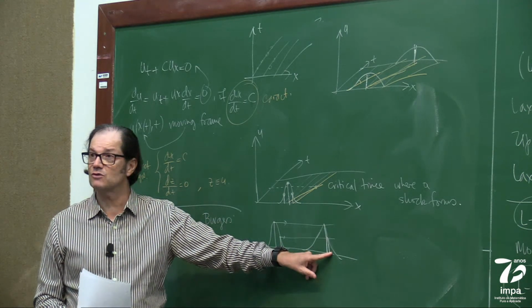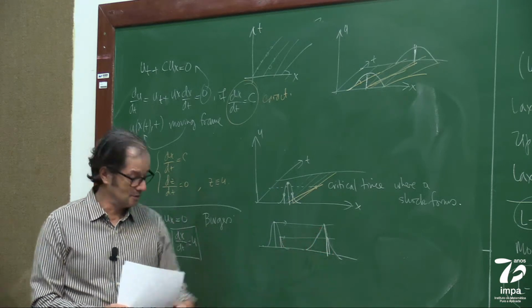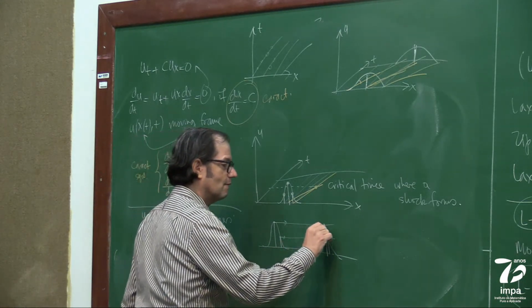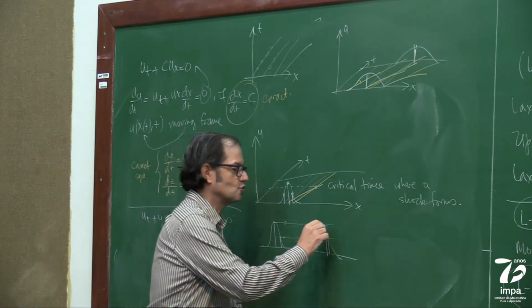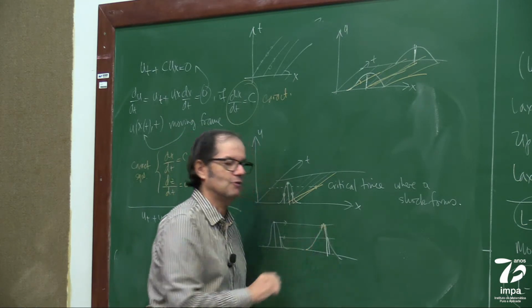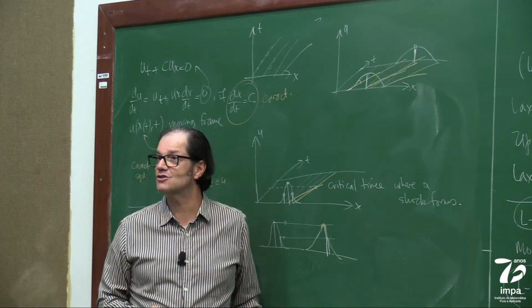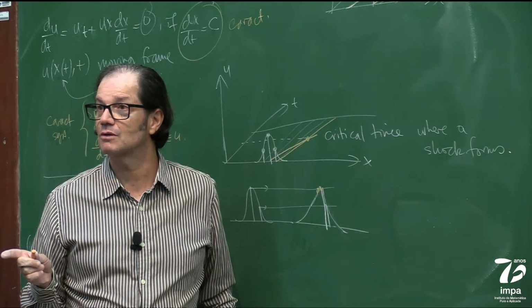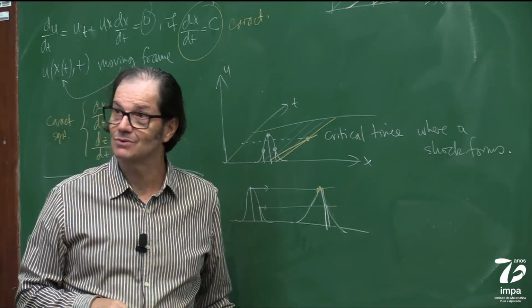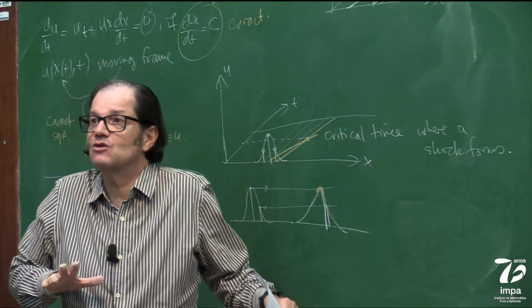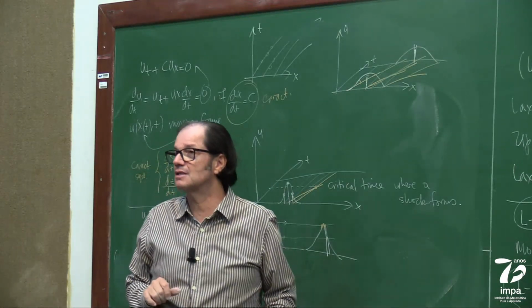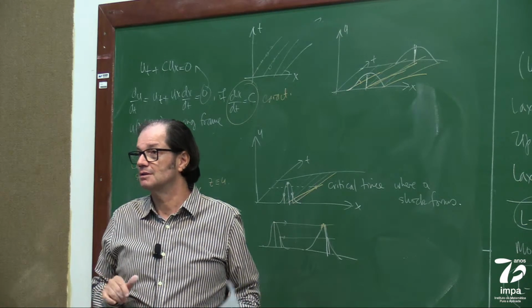If you're using Lax-Wendroff, when you get close to this, you will see a little spiky profile appearing here, which is an indication of what? Numerical dispersion, okay? And if you see this guy attenuating, it's an indication of numerical diffusion.